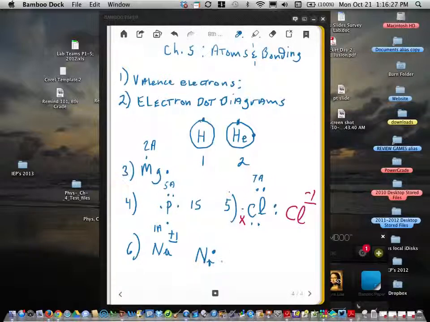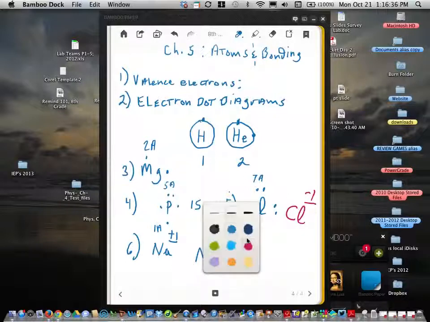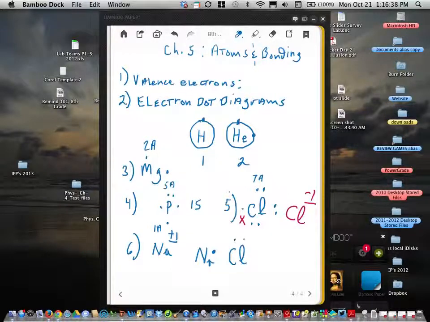Chlorine now, remember, how many outer shell electrons does it have? 7. So here they go. 1, 2, 3, 4, 5, 6, and 7. So guess what?